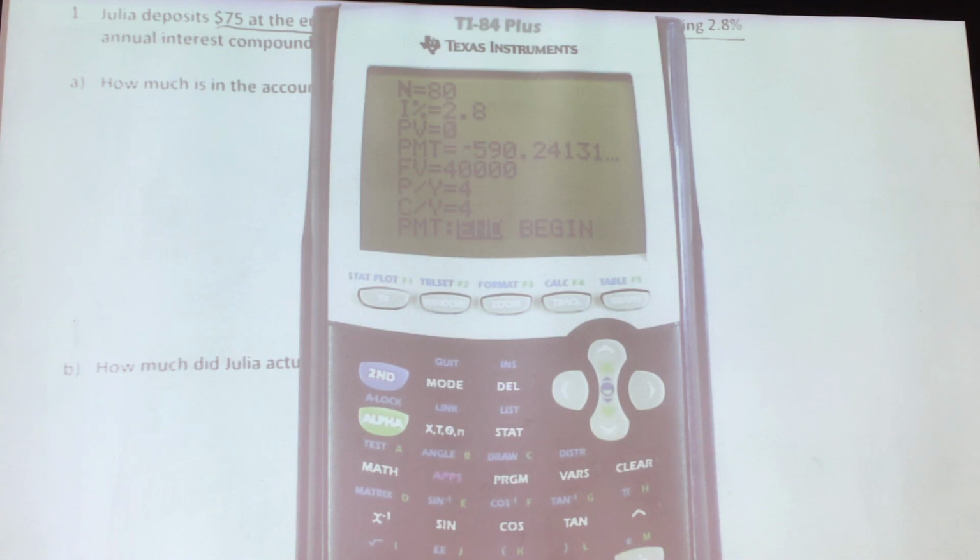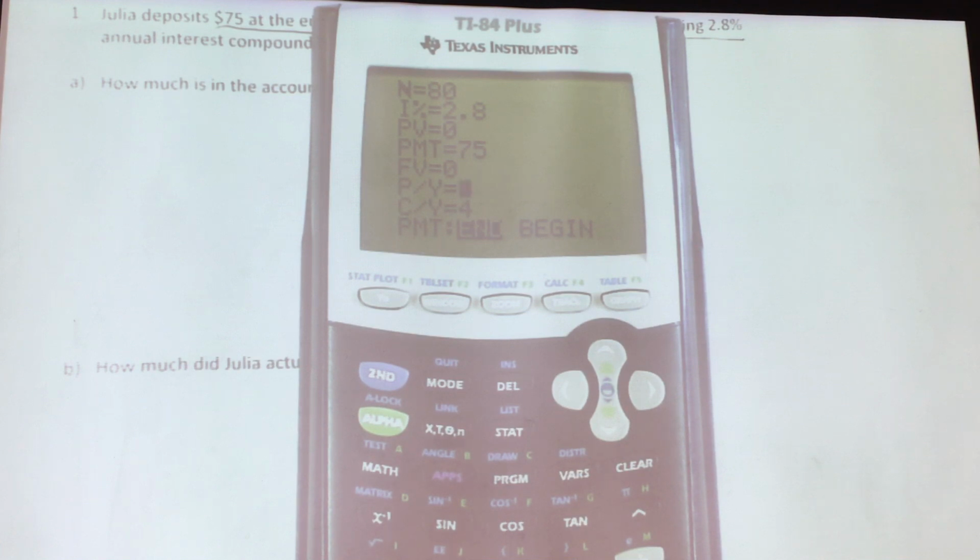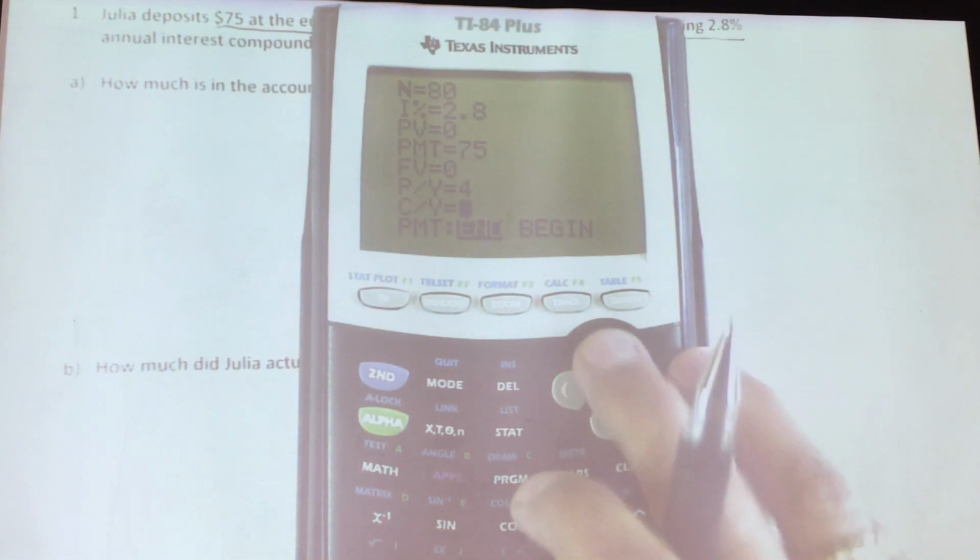PV is the present value, which you have none. Payment is the $75 you are depositing every quarter. Future value is what you are solving. P/Y is 4, which is 4 payments. You're paying every quarter, so that's 4. And C/Y is 4 because it's compounded quarterly.